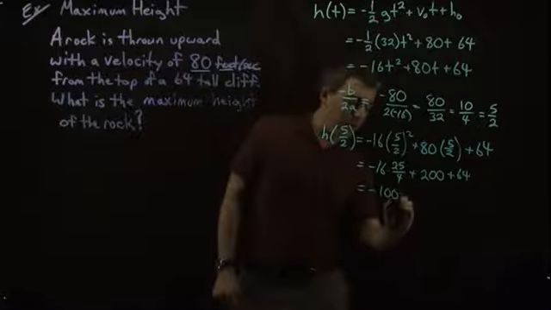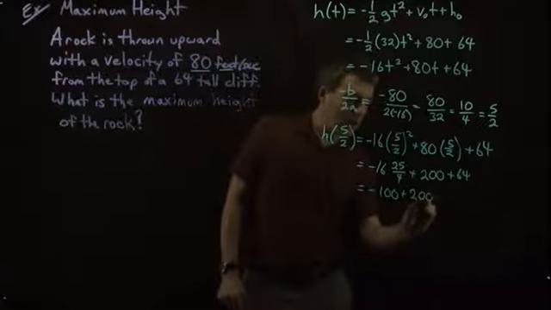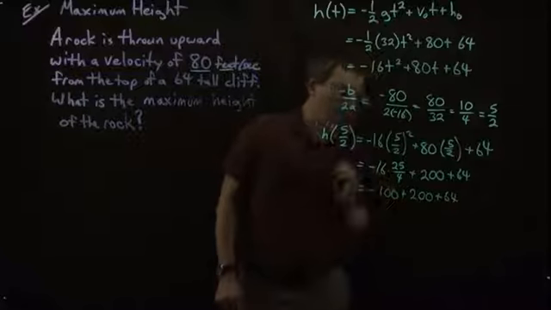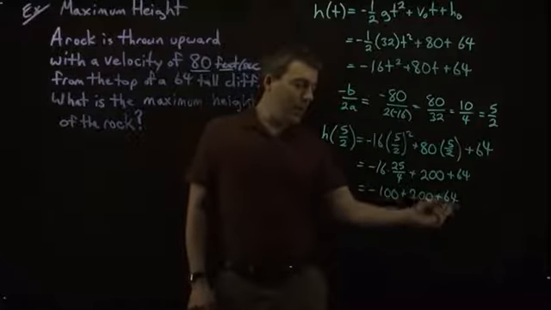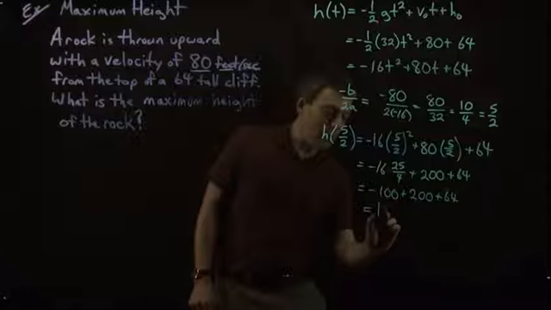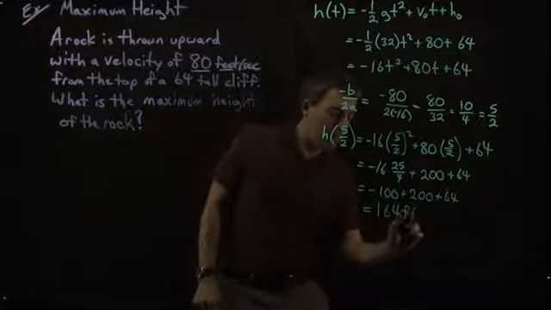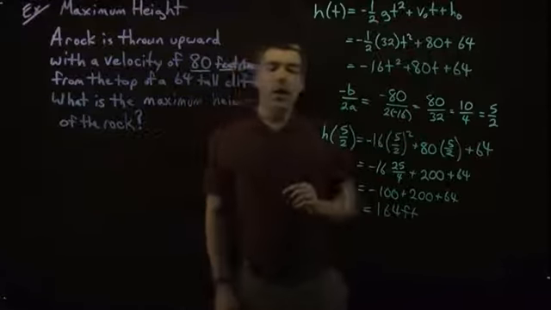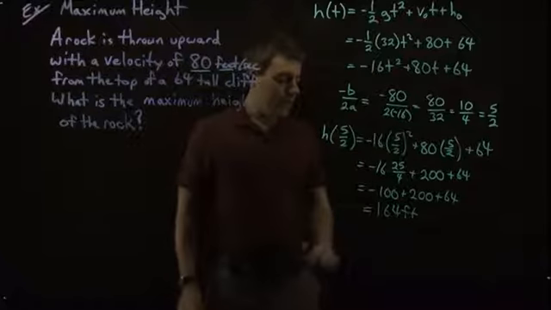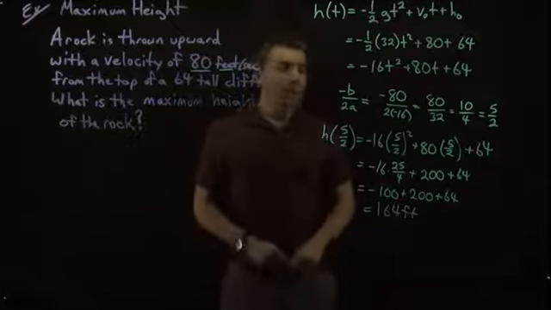So we have negative 100 plus 200 plus 64, and that's 100 plus 64, 164 feet. So the maximum height of this rock is 164 feet after 2.5 seconds.